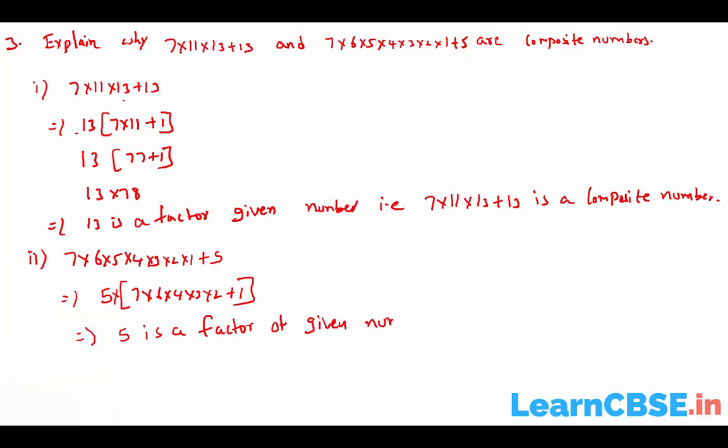That means if we have a factor other than 1 for any number, it is a composite number, not a prime number. Therefore 7 into 6 into 5 into 4 into 3 into 2 into 1 plus 5 is a composite number.